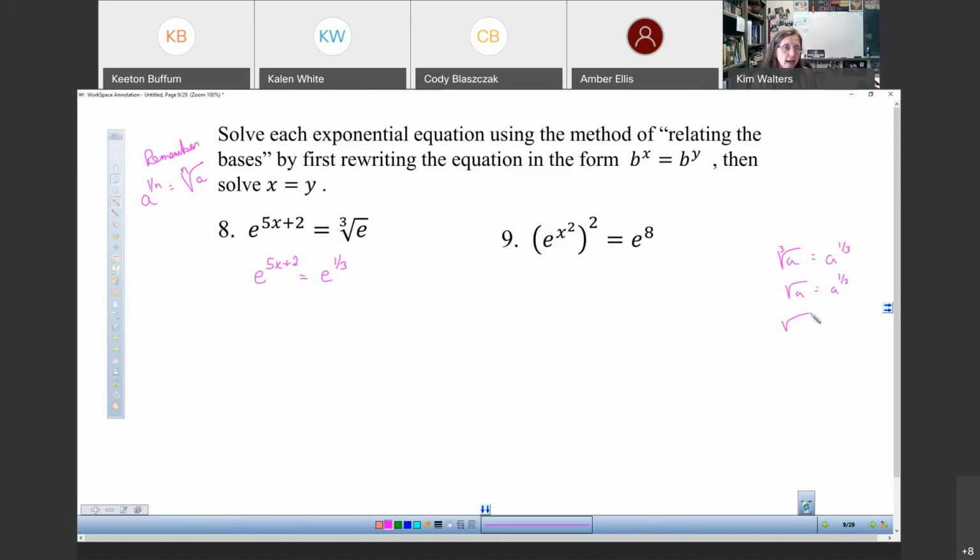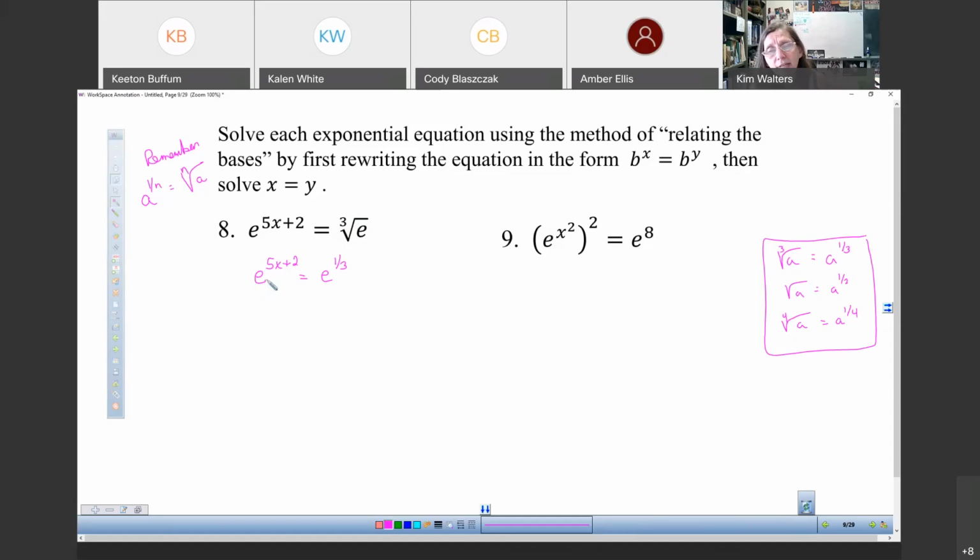If I have a fourth root of something, that's going to be the 1/4 power. Is that starting to strike some chords, hopefully? Big deal, kind of important. Yeah, you need to know that. I know it's been so long, like 2 weeks or something.